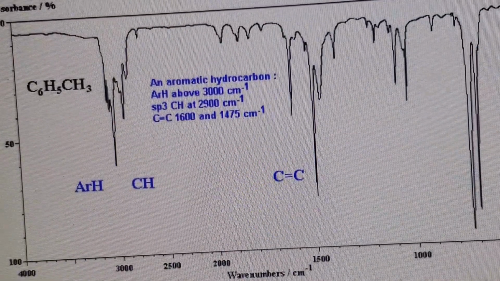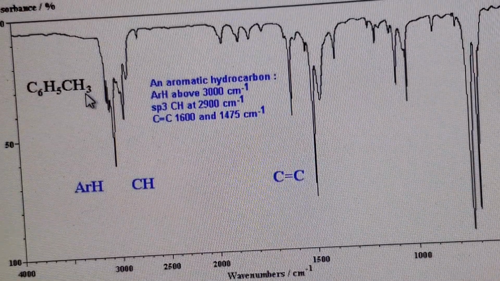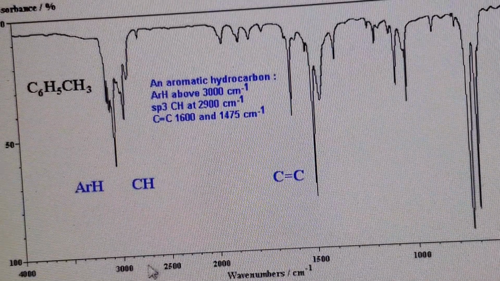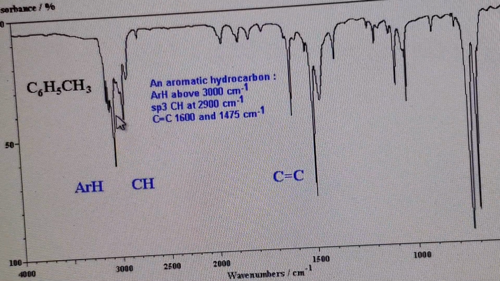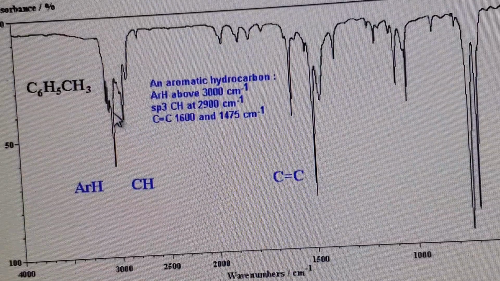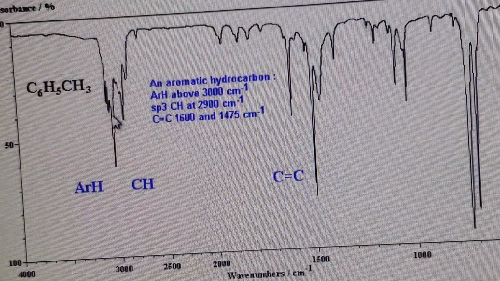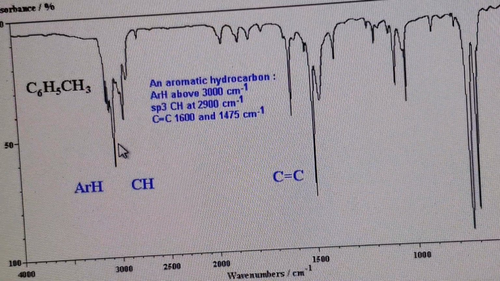Okay, here I have one simple aromatic compound with a methyl group, toluene, and what do you see? You have 3000 here and a bunch of CH stretchings, but a few of them appeared over 3000.